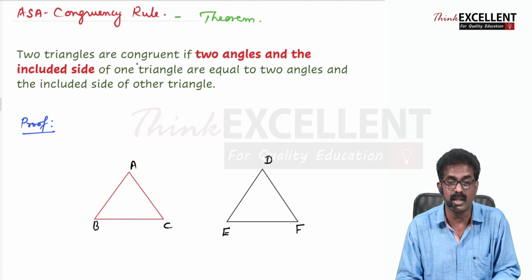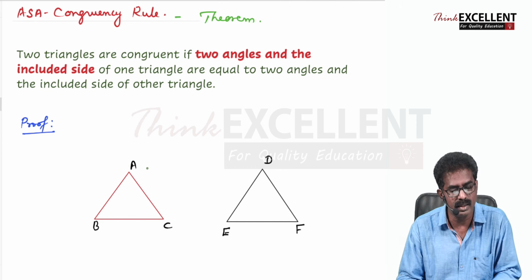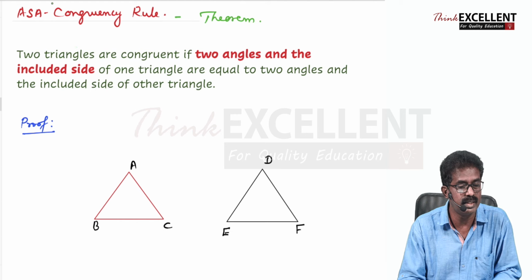Two triangles are congruent if two angles and the included side of one triangle are equal to two angles and the included side of the other triangle. So listen carefully how to do this. I'm taking two triangles ABC and DEF in which, see what is given here? Two angles.